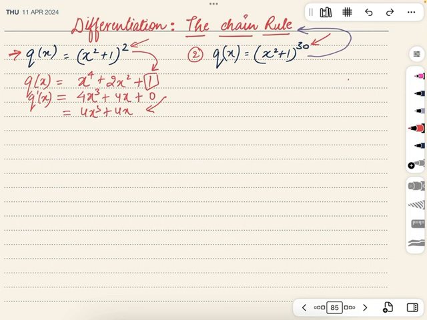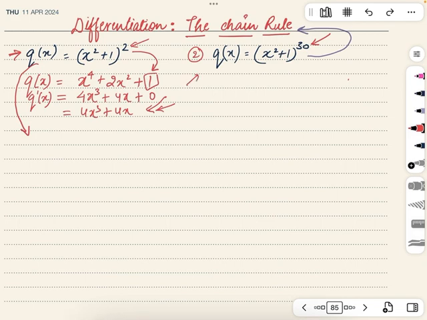We'll be able to find the differentiation of the larger powers, or the questions that are not doable this way. Correct. So now let me explain the same question with the help of the chain rule, and we'll see that if the chain rule applies here also, it will be applicable in questions like these.